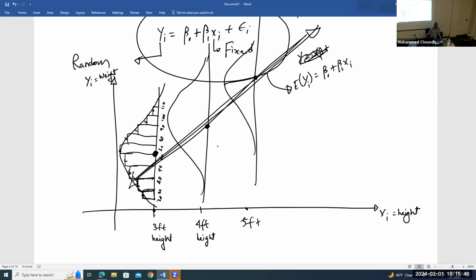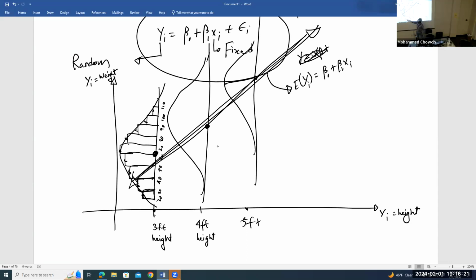So we assume that for fixed values of x, there is a distribution of y. For a fixed value of height, there are many people with different weights. That weight will have a distribution. I am picking the mean of that distribution and fitting the regression line. So the assumption is that when we fit this line, it is an average regression. Do you understand how this graph works?